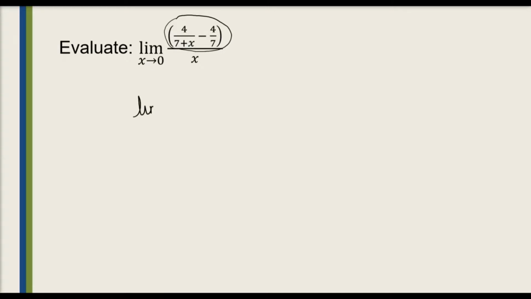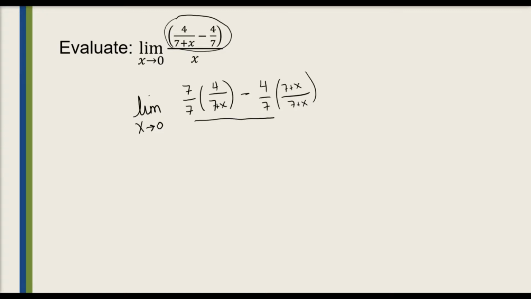So if we rewrite our limit as x approaches 0, we could multiply that first fraction by 7 over 7, and the second fraction we would have to multiply by 7 plus x over 7 plus x. And this, of course, is all over x.